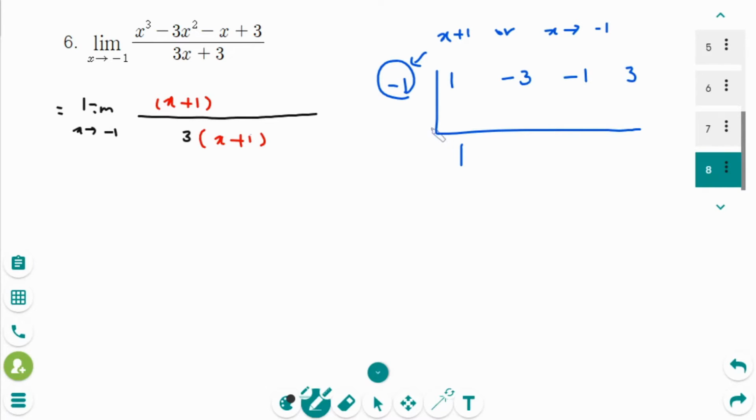And then 1 down, times, add, times, add, times, add. This one must be 0. So that one is x plus 1, and from here 0, 1, 2, so x squared minus 4x plus 3.